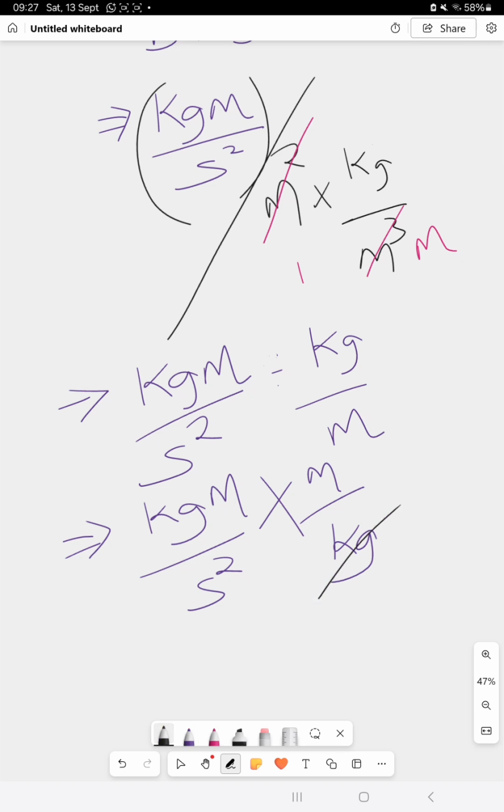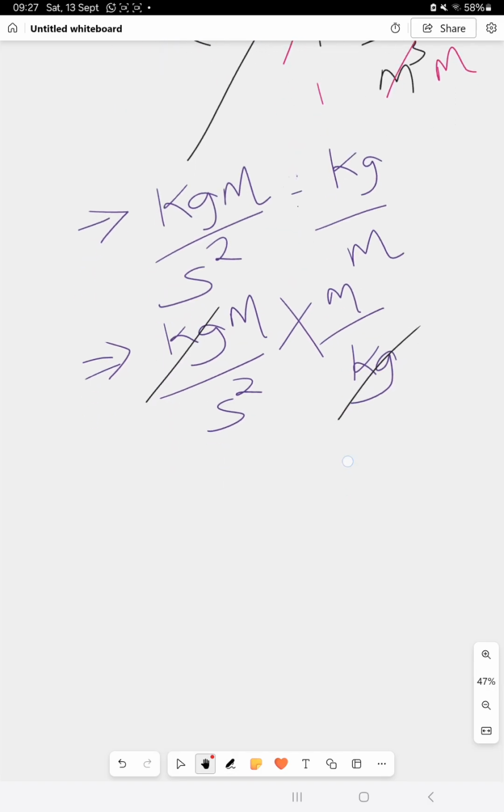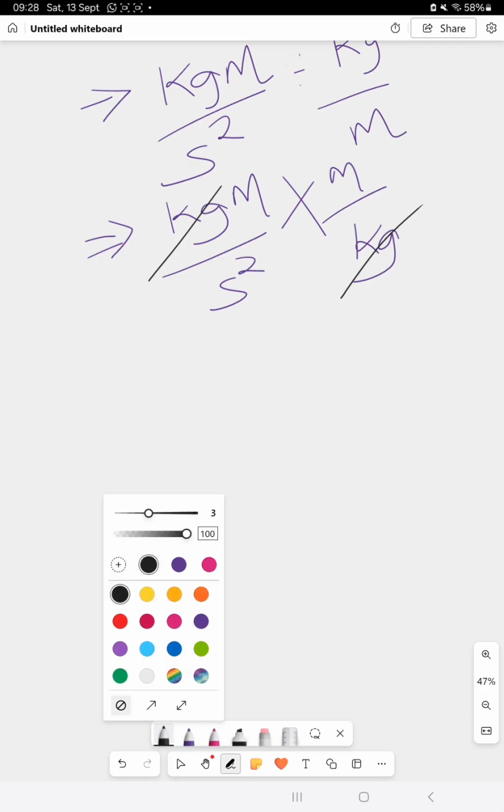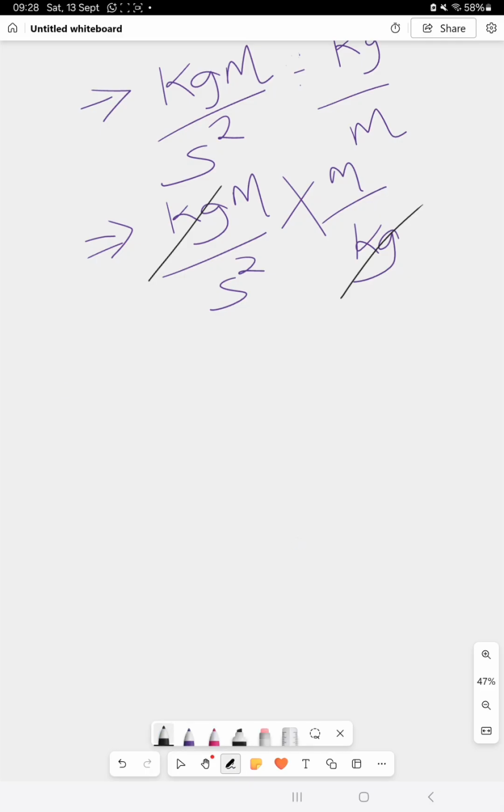This kilogram will cancel with this one. And therefore I will remain with, take note of this, meter squared over s squared. Remember this one is equal to V power k.